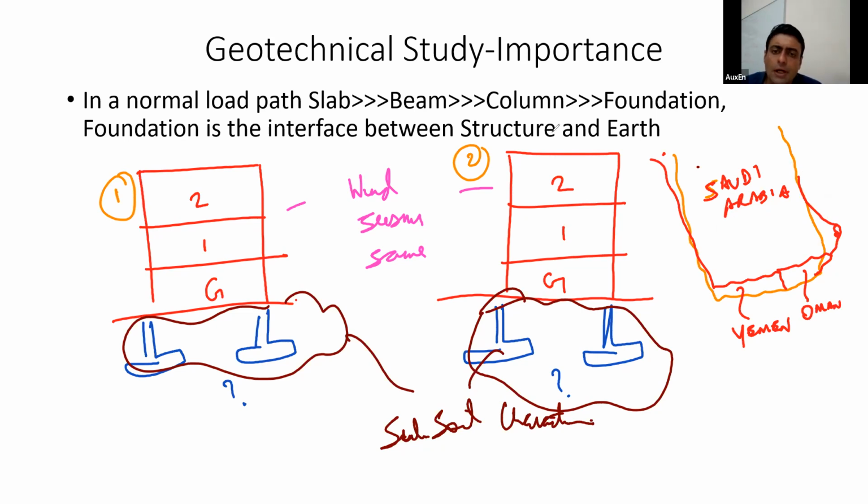So what we had to do was, in the entire southern border of Saudi Arabia, they had to develop security infrastructure. This is almost a 2000 kilometer long border that Saudi Arabia shares with Yemen and Oman. So in a length of 2000 kilometers, they had to develop security infrastructure at different locations.